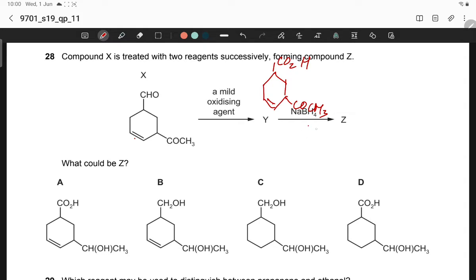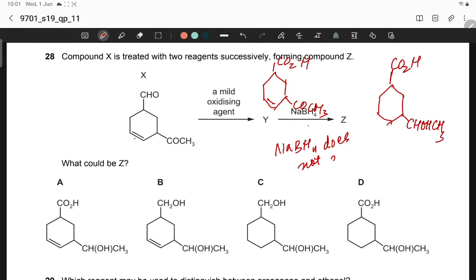Further react with NaBH4 to form CHOH, CH3 and CO2H. NaBH4 does not reduce carboxylic acid.